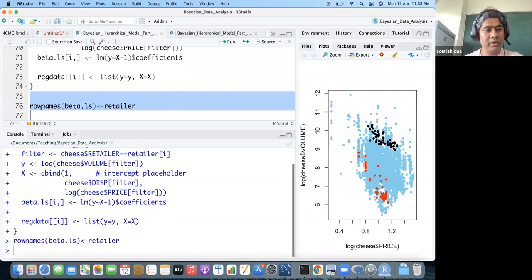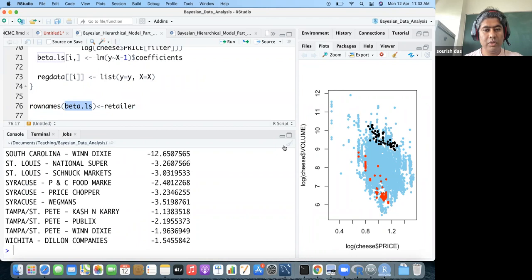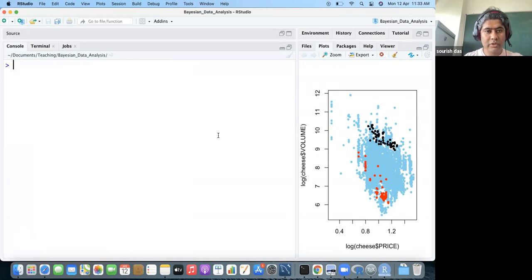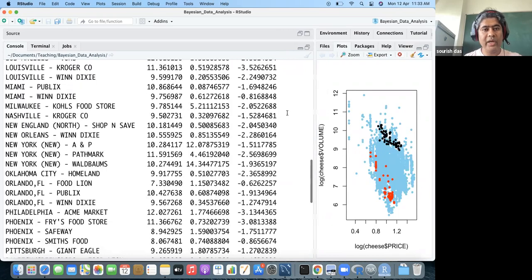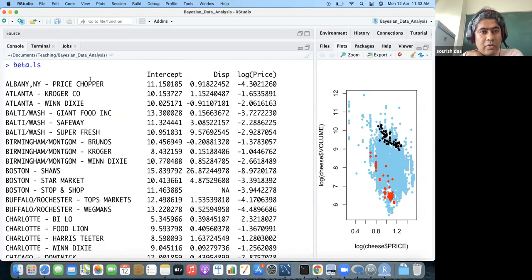Now it is 88 rows. For each of them, we got an intercept, display activity, and the log price, which is negative because we have a negative relationship.